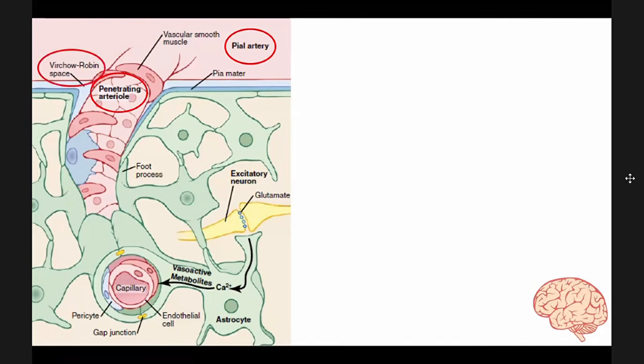So there is that space, yung Virchow-Robin space, that's a subarachnoid space, and it separates this penetrating artery from the brain tissue. So this penetrating arteriole, hindi siya, it does not combine with the brain tissue immediately. There are structures that separate this penetrating arteriole from the brain tissue.